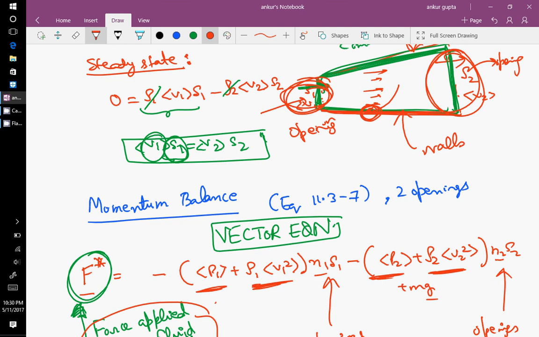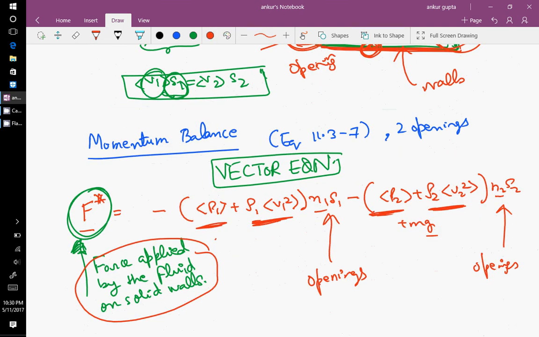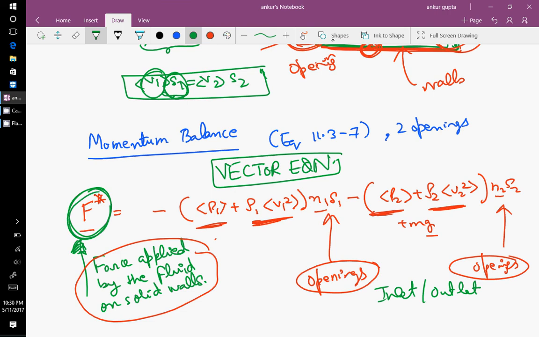So this is a macroscopic balance, and we don't have to start from a microscopic velocity profile and then find the area, find the stress, and then find the force and integrate over the entire area. So basically, what momentum balance in a macroscopic sense allows us to do is to utilize the information from openings, again inlet and outlet, and use it to calculate the force applied by the fluid on the solid walls.